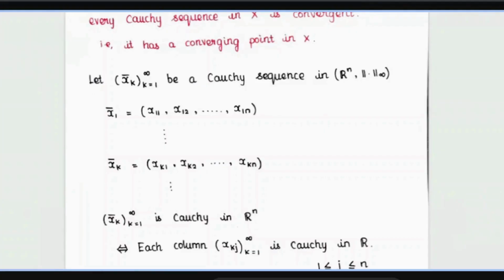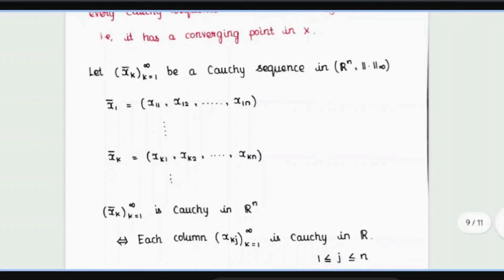Saying the sequence x_k bar is Cauchy in R^n is equivalent to saying each column, that is each coordinate-wise sequence, is Cauchy in R. If we take each column, for example x_k1, it will be x_11, x_21, x_31, etc.